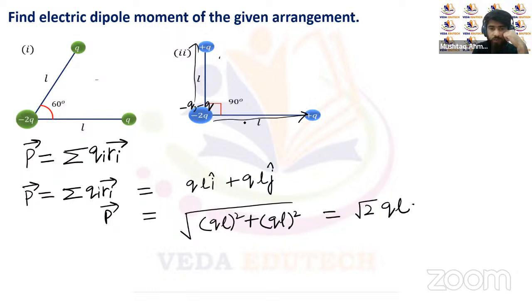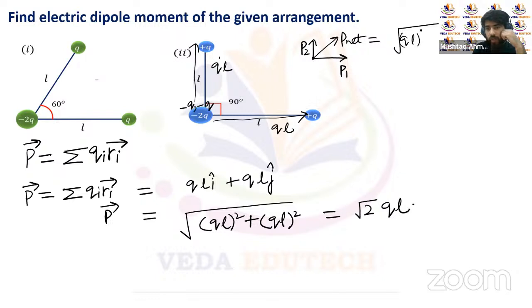So the dipole moment because of these two will be q into L, and because of these two it will be q into L. Both these dipole moments will be perpendicular to each other, that's P1 and this is P2, having equal magnitude. So their resultant will be along this direction. This is the net dipole moment here, which will be under root of qL whole square plus qL whole square. So from here it will be root 2 q multiplied by L, right?